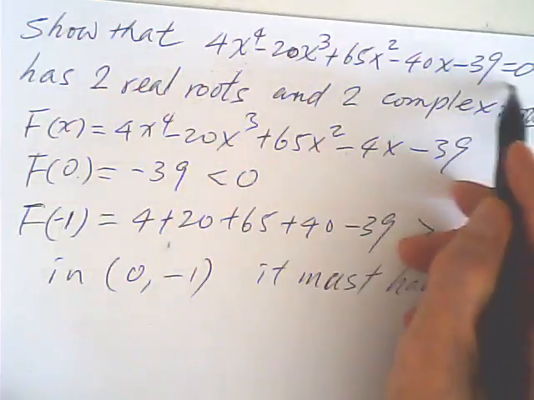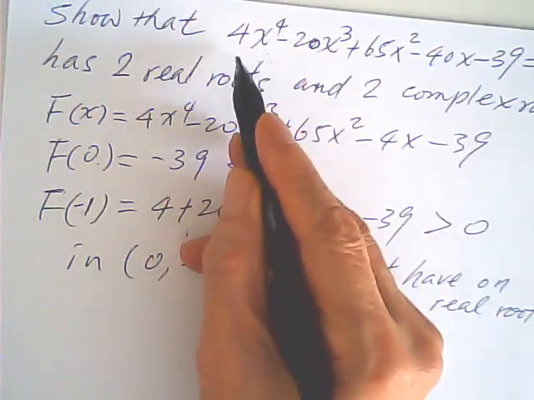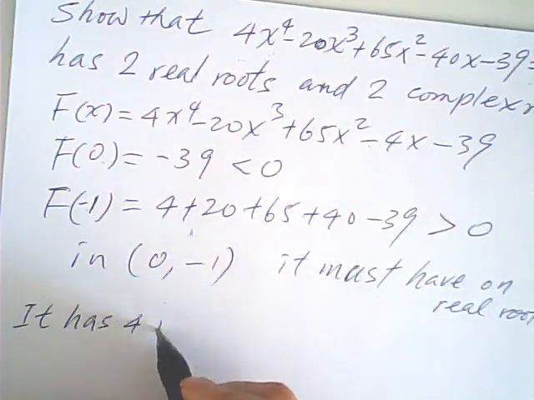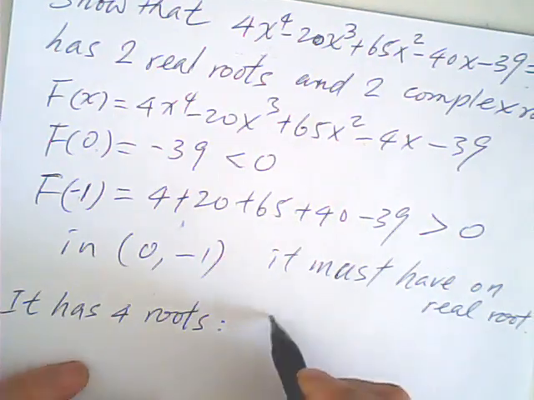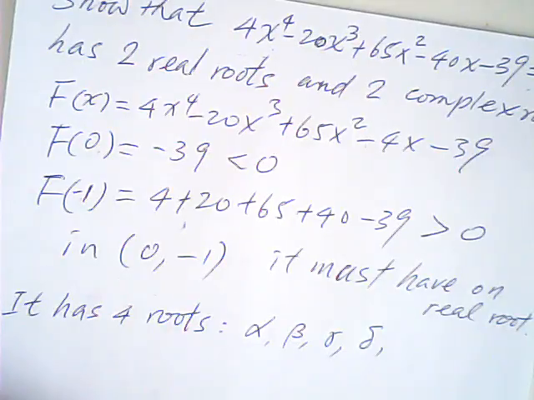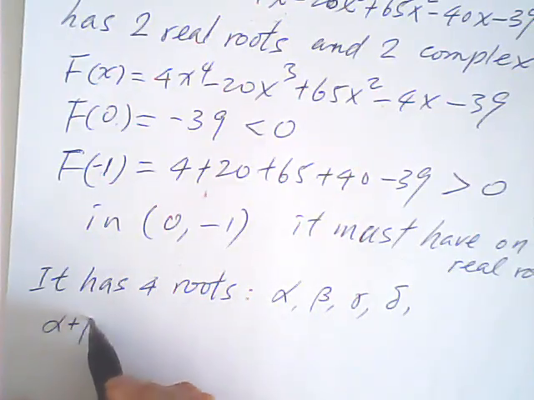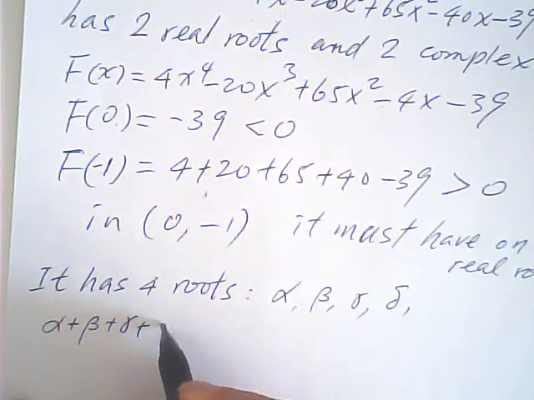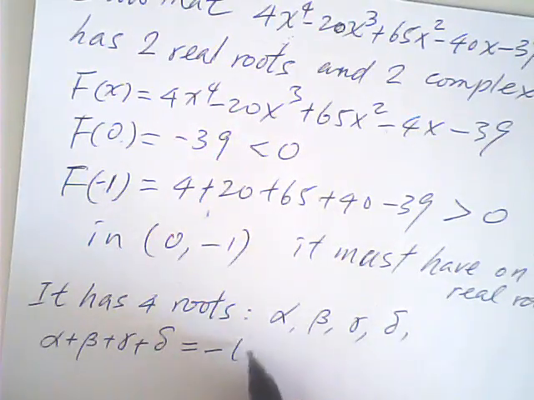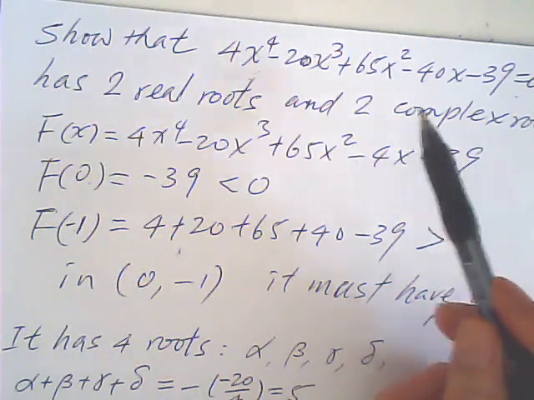So for this particular equation, this one has four roots: alpha, beta, gamma, and delta. Also alpha plus beta plus gamma plus delta is equal to negative 20 over 4, which is negative 5.